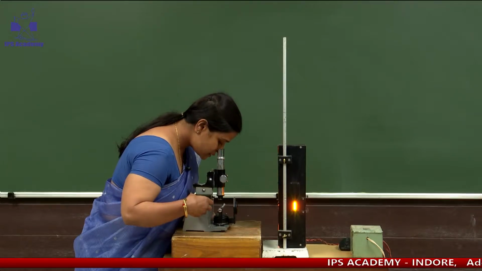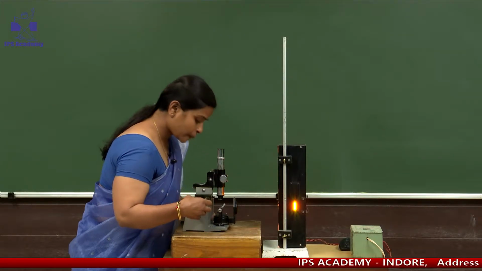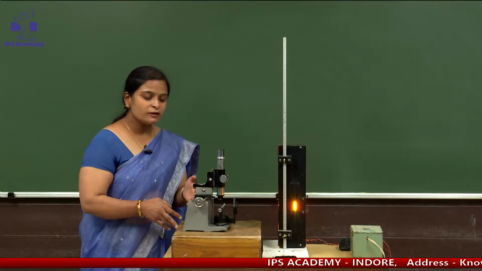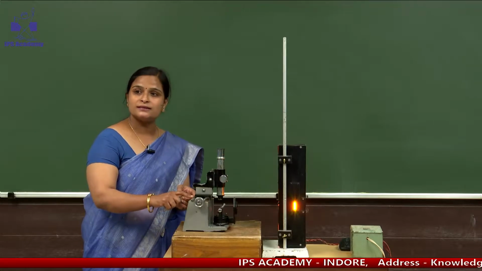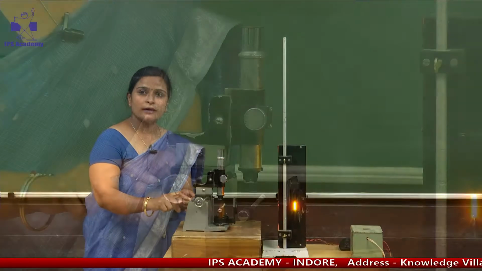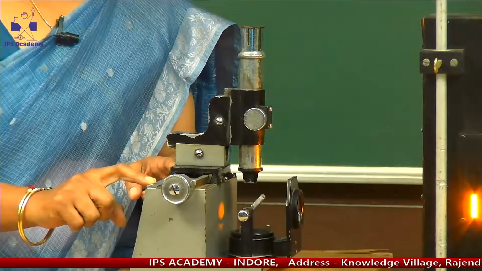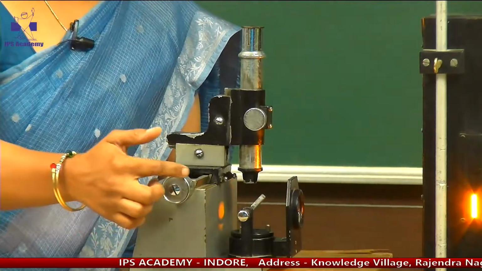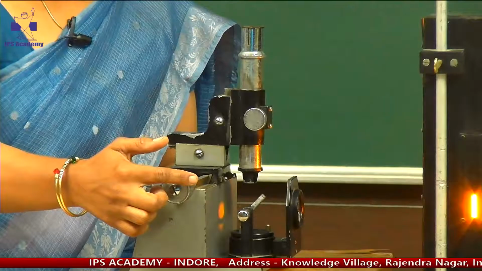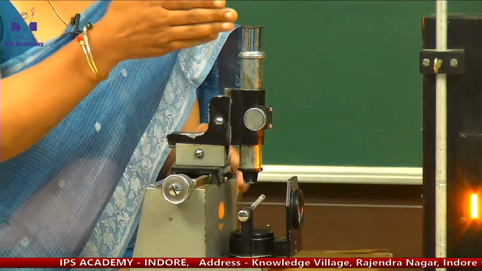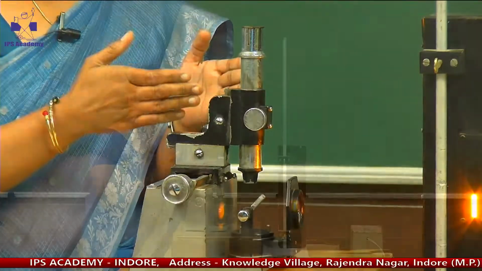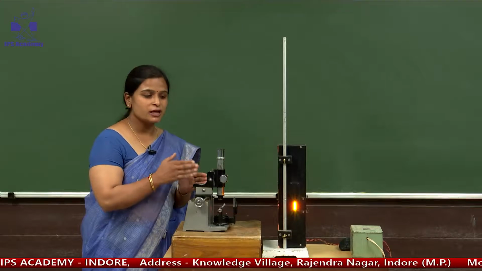From here, this is a travelling microscope, and in this travelling microscope, this is the main scale. This travelling microscope has a main scale here, and this is a circular scale. There is a cross wire in the center of the ring, which I have shown here.